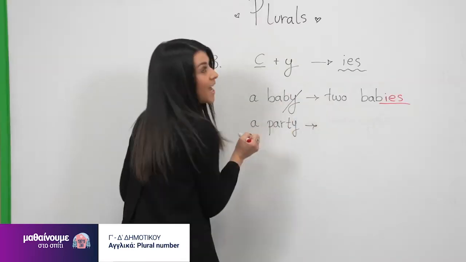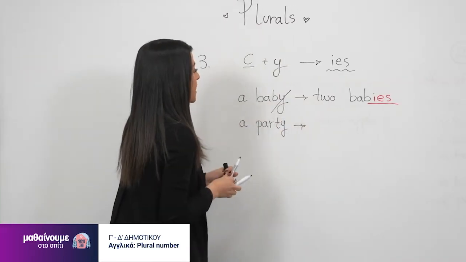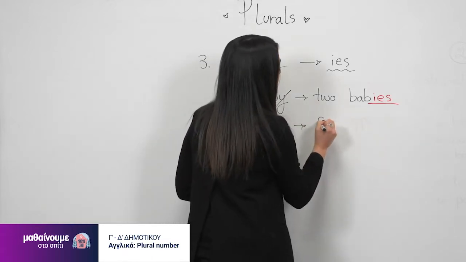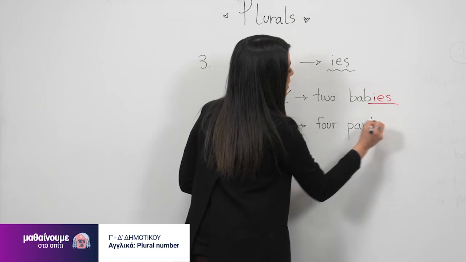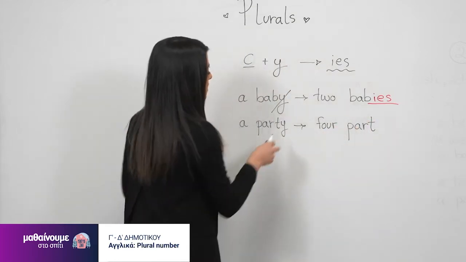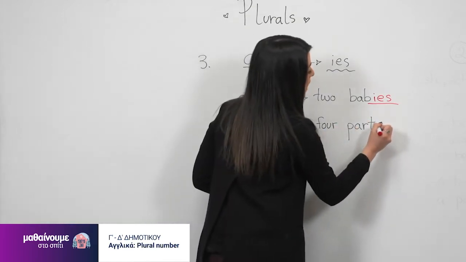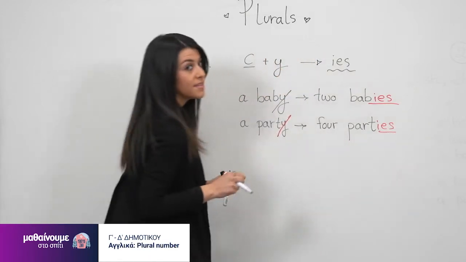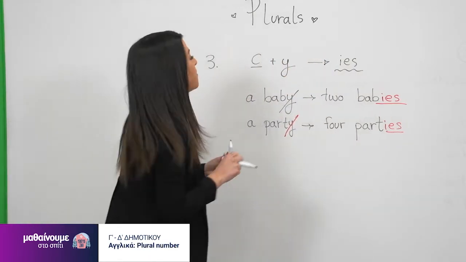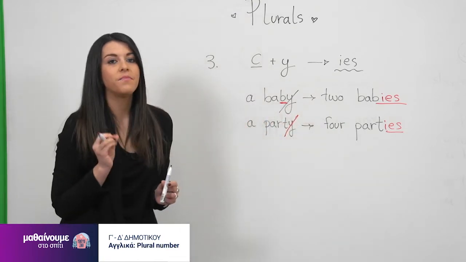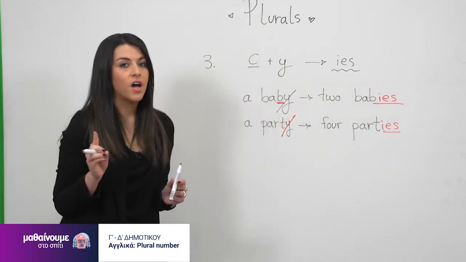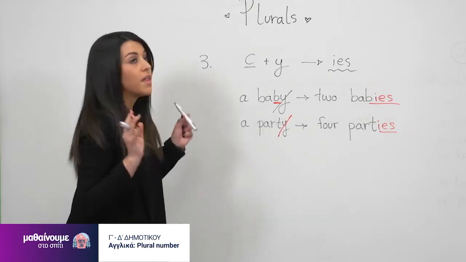Okay, so we erase the Y. Now, a party. 4 parties. Again, we erase the Y and we put IES, parties. But remember, before the end, this has to be a consonant. Πρέπει να είναι σύμφωνο πριν το Y. If it's not, αν δεν είναι σύμφωνο, δεν το κάνουμε αυτό.